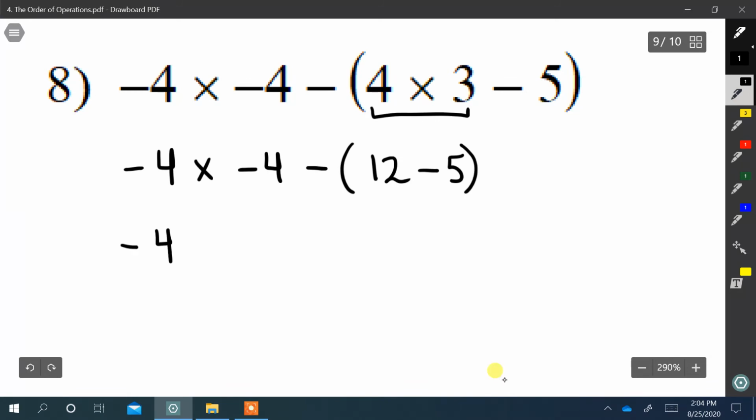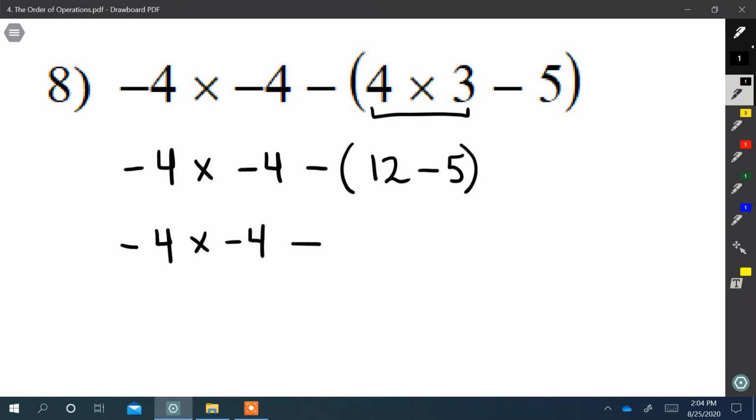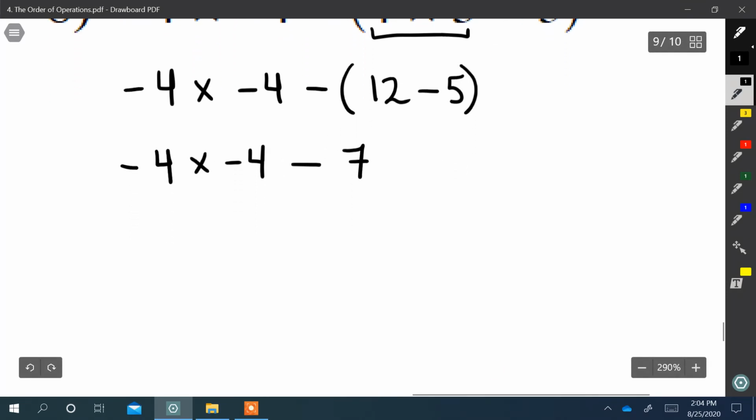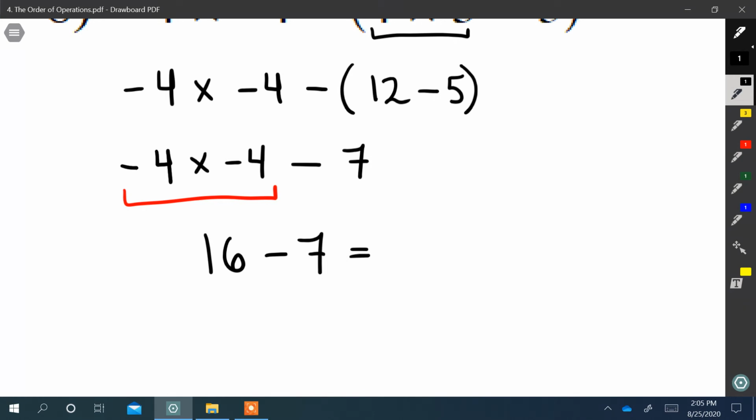And we have negative 4 times negative 4 minus, well, 12 minus 5. We're not done with the parentheses. 12 minus 5 is going to be 7. Then, according to PEMDAS, we have to do multiplication next. So negative 4 times negative 4 is going to give me positive 16. The last step will be to do 16 minus 7, and that should equal 9.